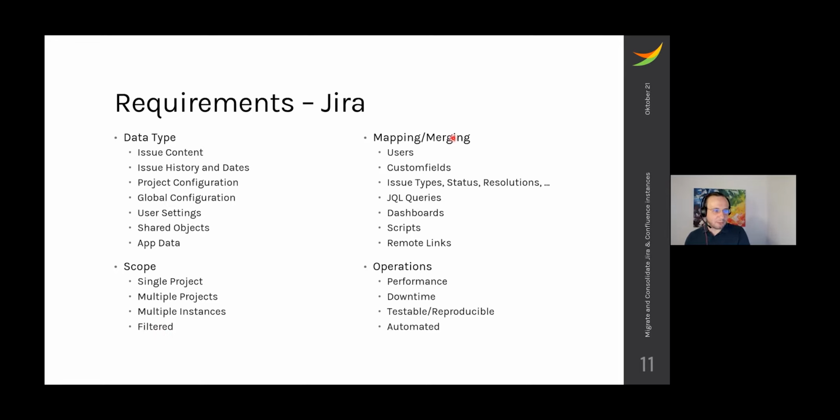And then we have mapping and merging, and this is usually the hardest part of any migration. Users: if you have a single Active Directory in your whole company, that's great. If your user identifiers match, if your email addresses match, then you probably won't have problems migrating your data. If you have multiple Active Directories or multiple usernames, then stuff gets tricky.